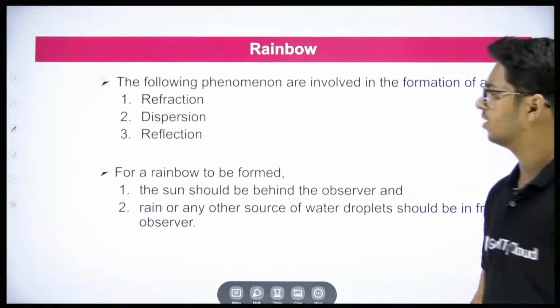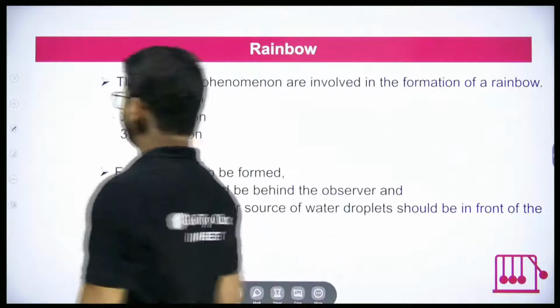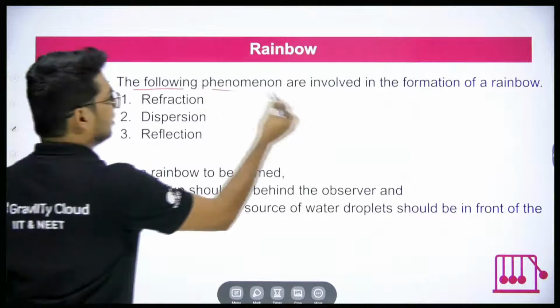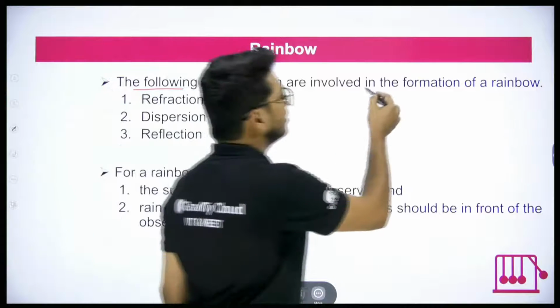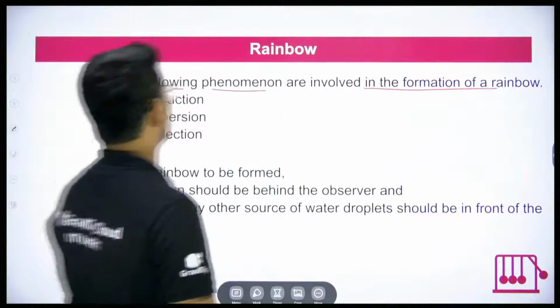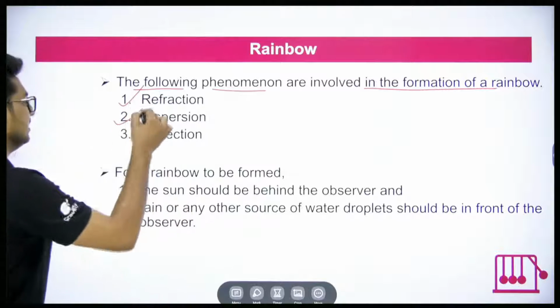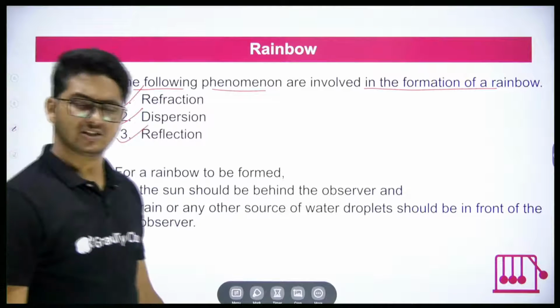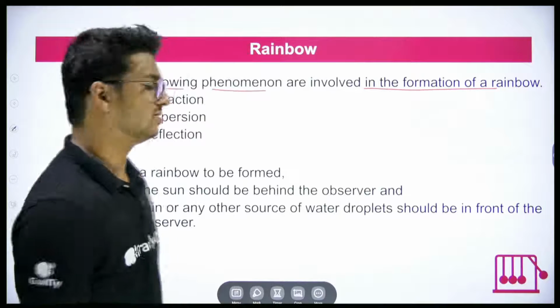Good. Okay. So, a summary of whatever we discussed here. The following phenomena are involved in the formation of a rainbow. What are they? First, refraction is involved, dispersion is involved, and reflection is involved. Those 3 take place.